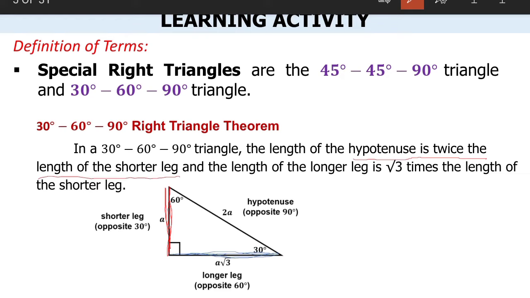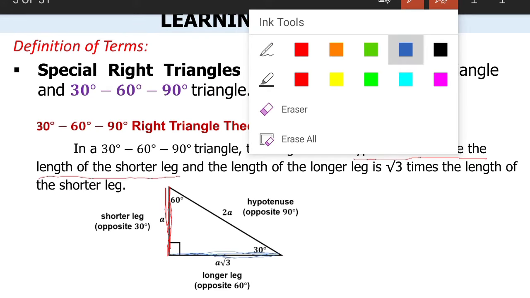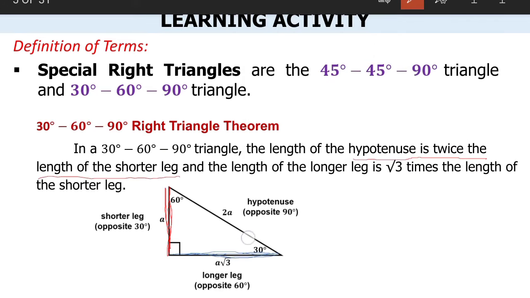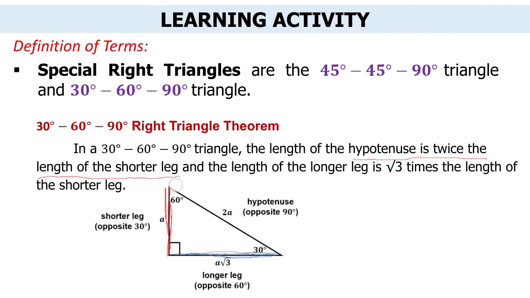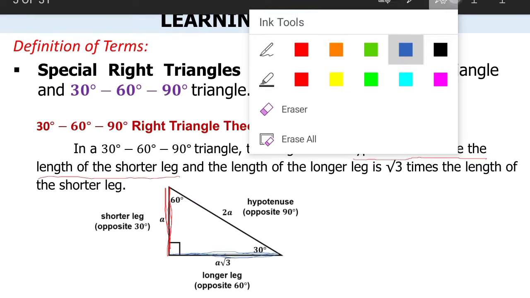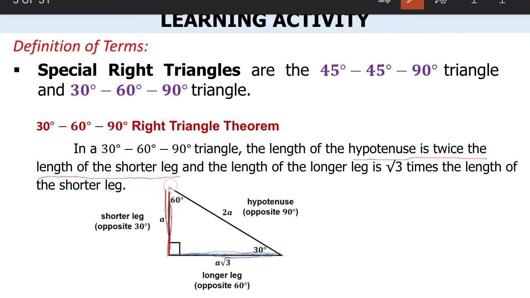And of course, the hypotenuse is the longest side. So this is the hypotenuse, this one. You have to remember that the shorter leg is always opposite the smaller angle.